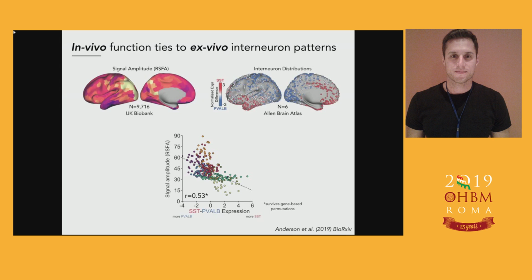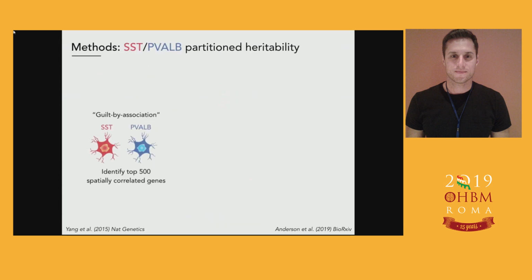But a stronger and potentially causal test would be to show that genetic variation that influences each one of these cell types underlies cortical signal amplitude in the same individuals. So to do this, we take a guilt by association logic to nominate genes that could be functionally important for parvalbumin and somatostatin cells.